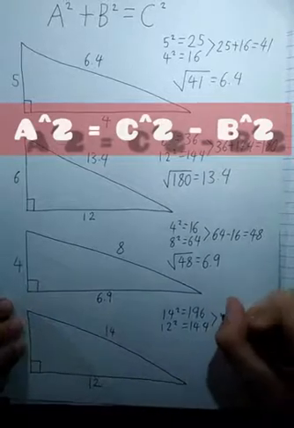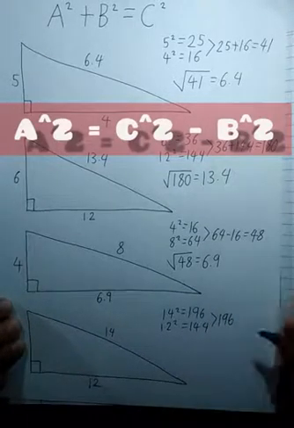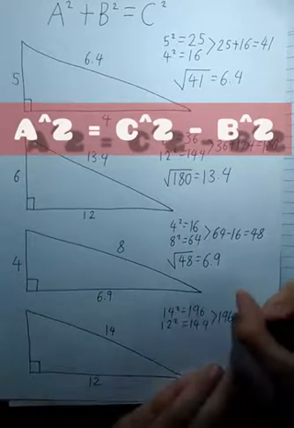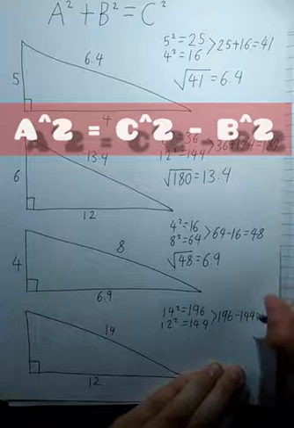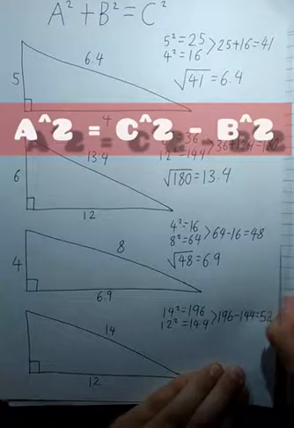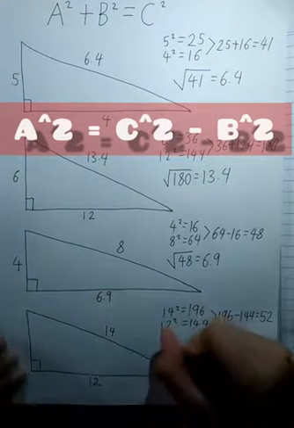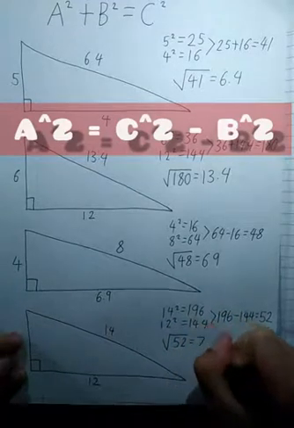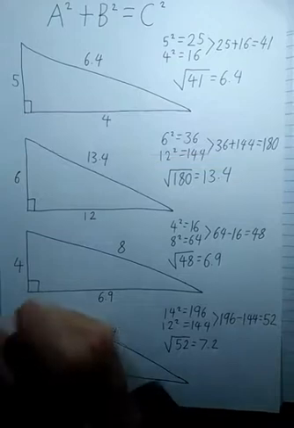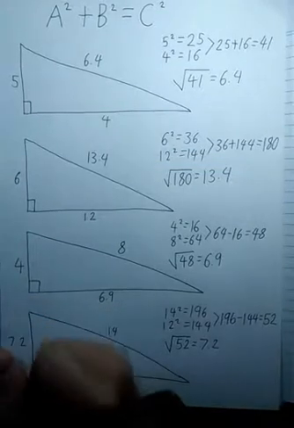Now, we'll do 196 minus 144. And that equals 52. Now we'll find the square root of 52. And this is 7.2. So a is 7.2.